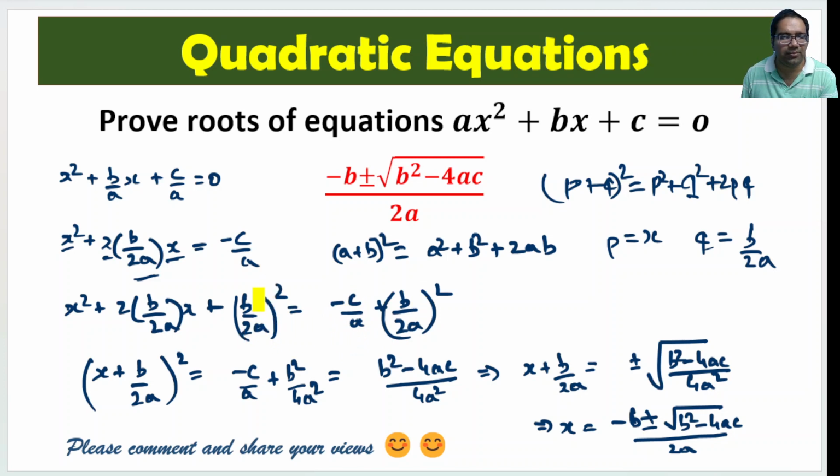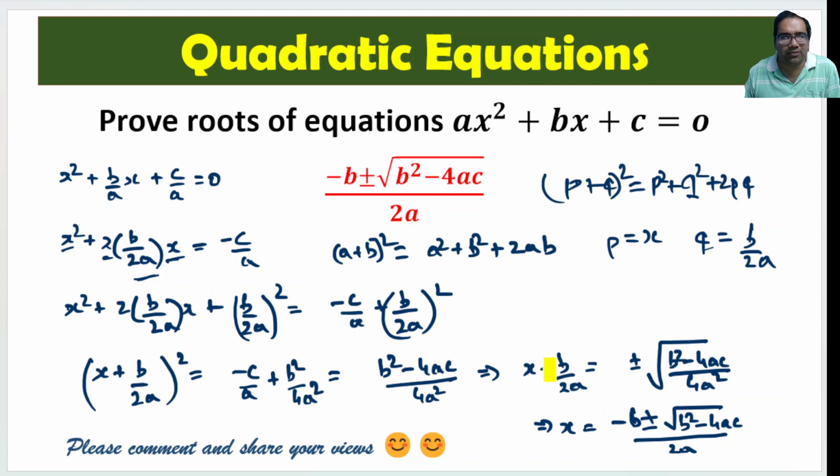We are just adding (b/2a)² on both sides to make the left-hand side a complete square. Now this becomes (p + q)², which is (x + b/2a)² = -c/a + b²/4a², which equals, with LCM 4a² and the first term multiplied by a, (b² - 4ac)/4a².